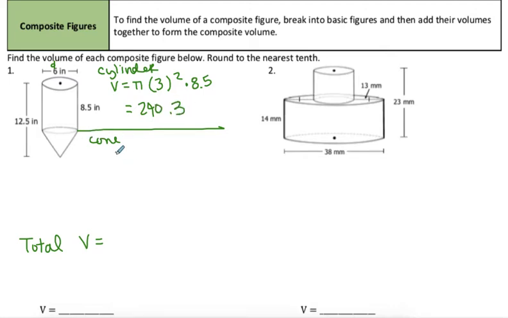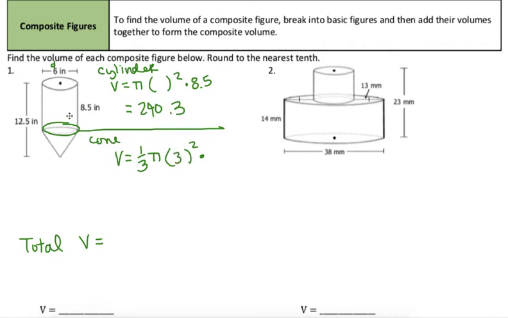Now the cone, we're going to do the volume, and we do 1/3 times the area of the base, pi r squared, the area of the base is a circle, times the height of this cone. This same base that we have here, when we drag it down, had a radius of 3, the same as this base down here. So I'm just going to use that same 3 here.